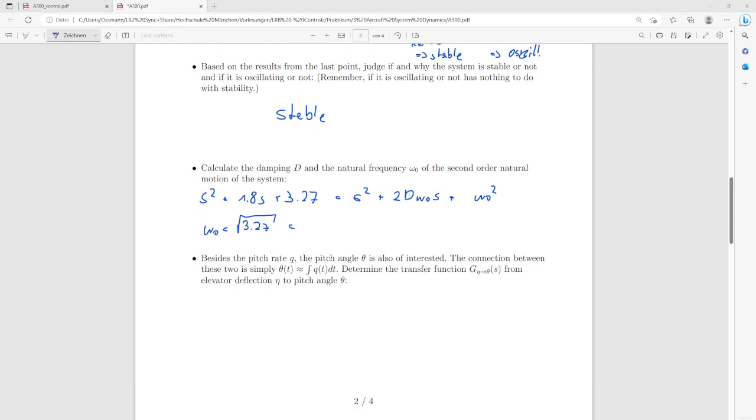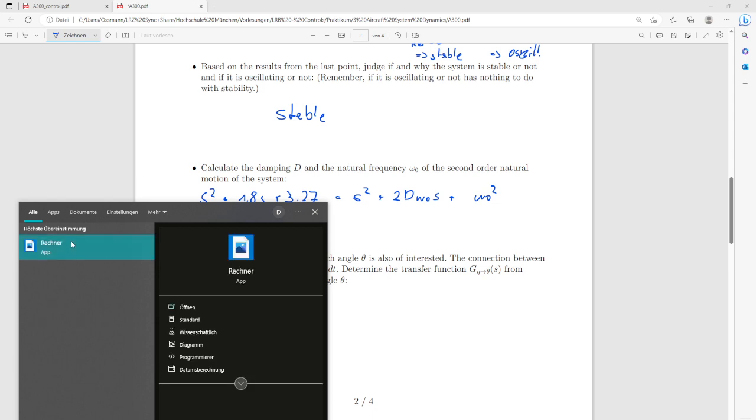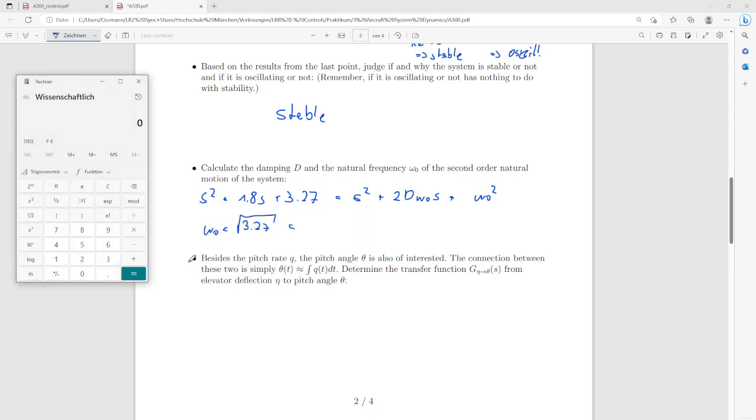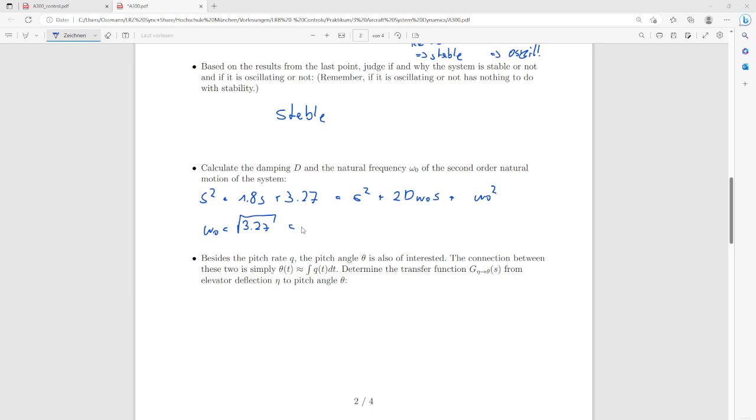Let's do the calculator quickly. 3.27, and we're going to do the root, so we have 1.8 radians per second.